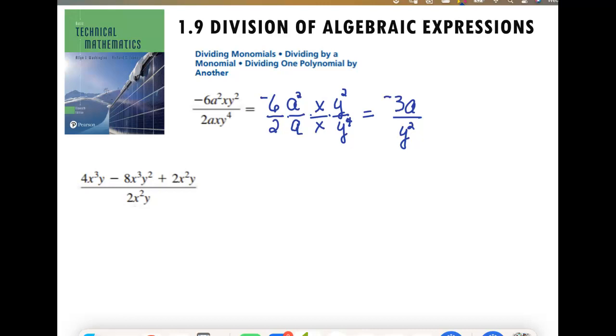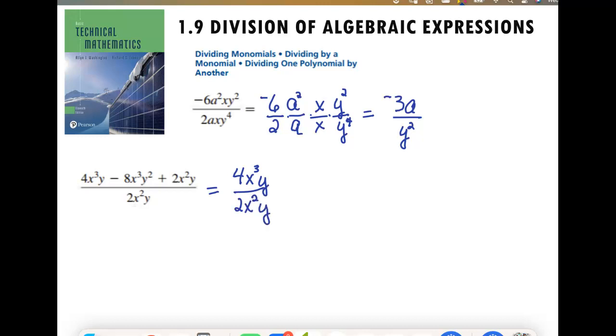Now, with the second problem here, we're dividing a monomial into a polynomial. So here we need to break this up as 3 problems. We need to treat each piece of the polynomial separately, like 4x cubed y being divided by 2x squared y.